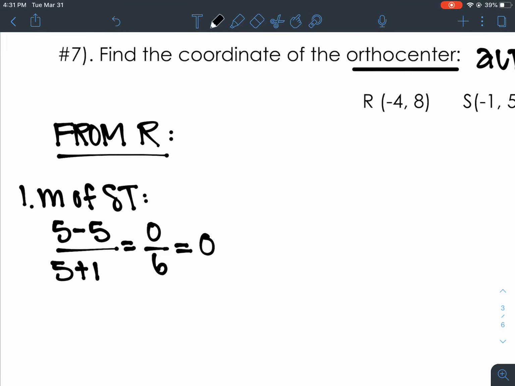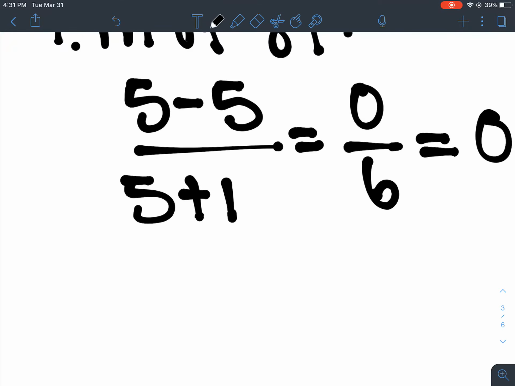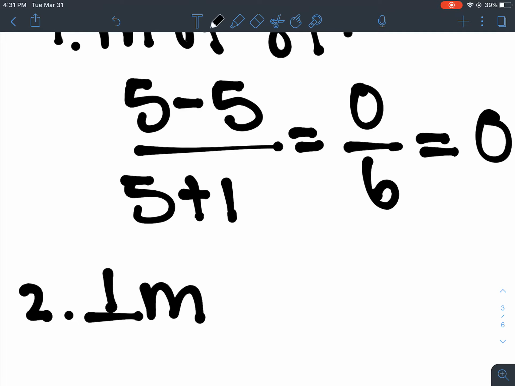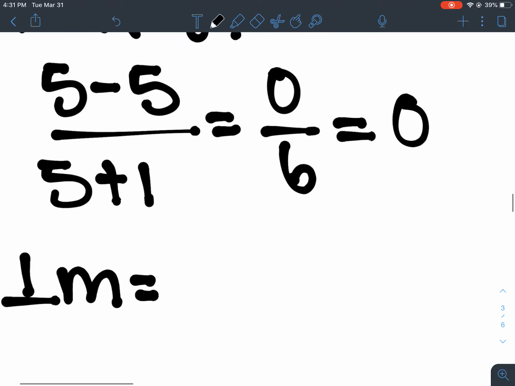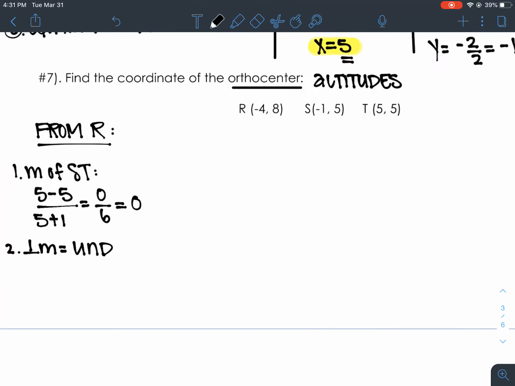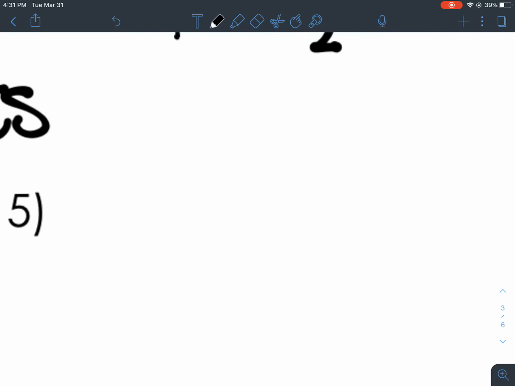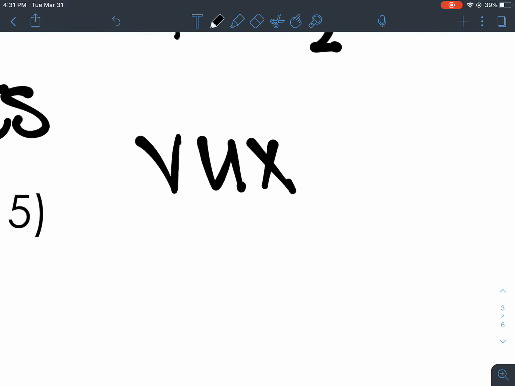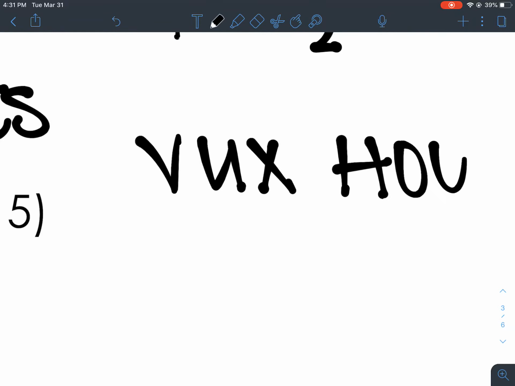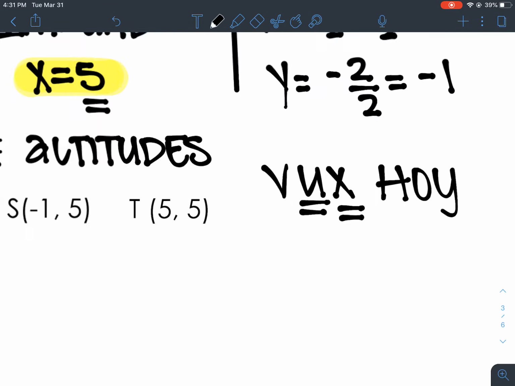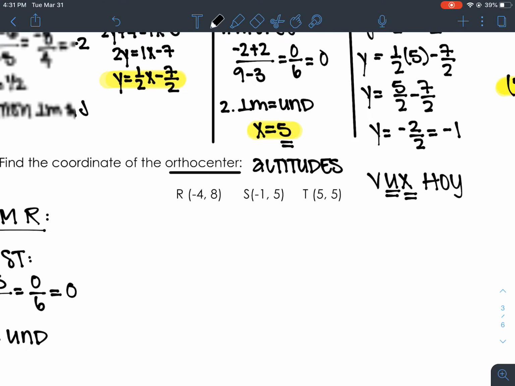So what you guys should recognize right now is that this is going to be a special case. And I don't want that 0 as my slope. I want my perpendicular slope because we're talking about perpendicular lines. And perpendicular to 0 is undefined. So if we remember, we have an undefined slope, which means that my equation is going to be x equals the x value of what it has to pass through.